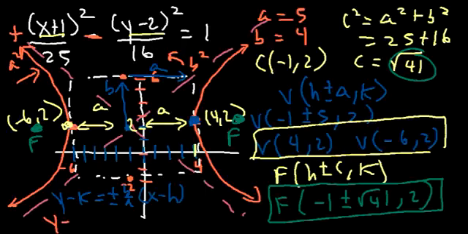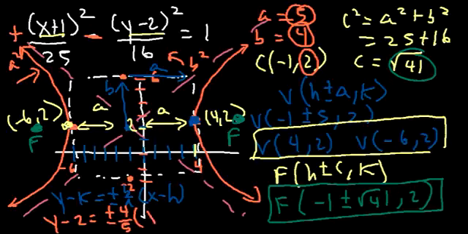So that's y minus k is -2. Actually, no, k is plus 2. So it's y minus 2 is equal to plus or minus b over a. This is b, that's a. So 4 over 5, times x minus h. So h is -1.